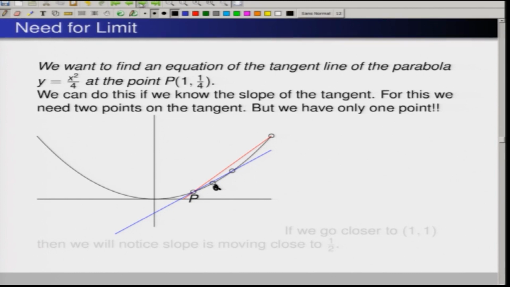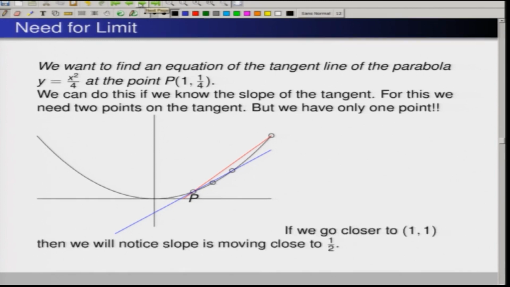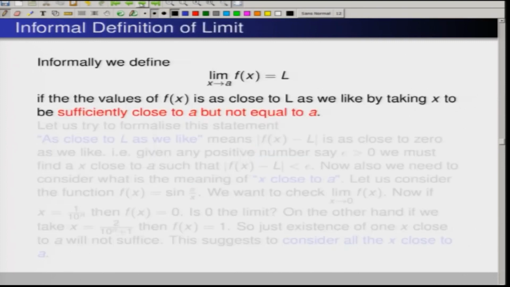What we will see is that as we come closer and closer to P on the parabola, the slope is coming closer and closer to half. That is how we are going to get the slope. So, this is a limiting process.